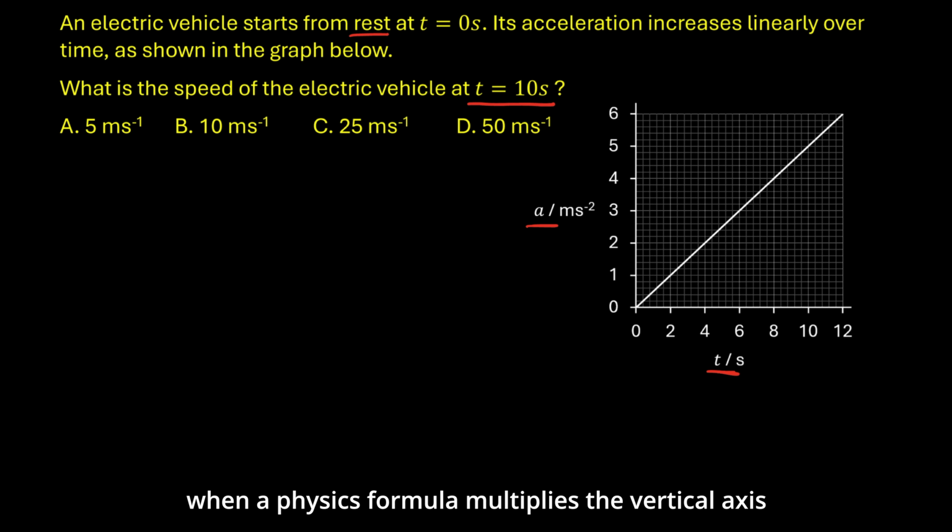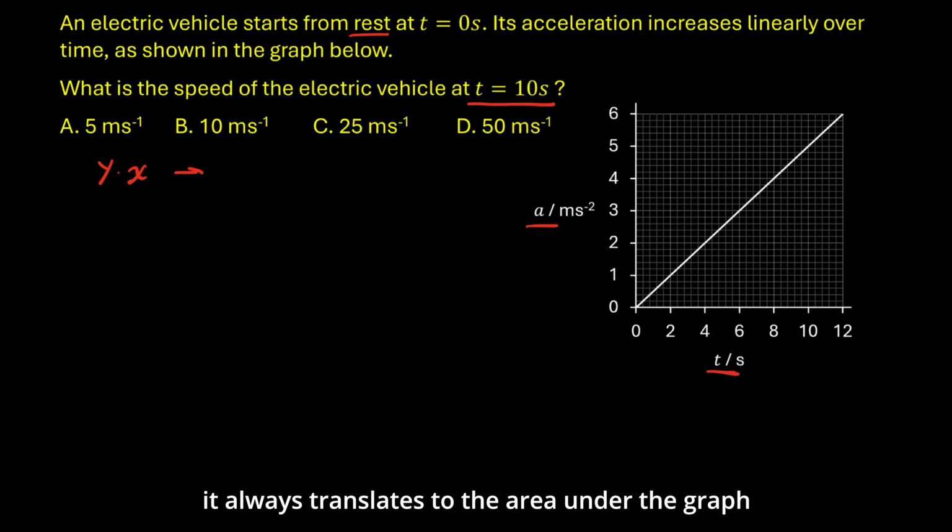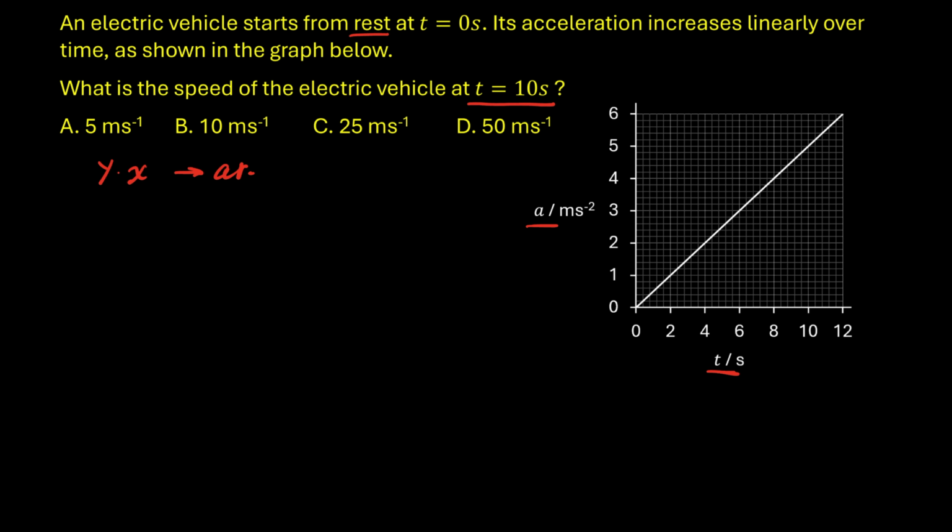When a physics formula multiplies the vertical axis by the horizontal axis, it always translates to the area under the graph. For example, to find distance, we use the classic formula d equals the velocity multiplied by the time.